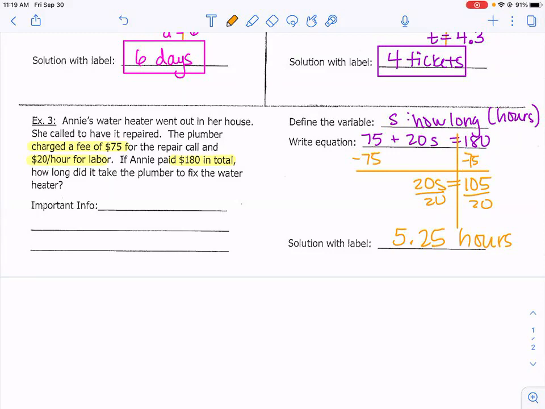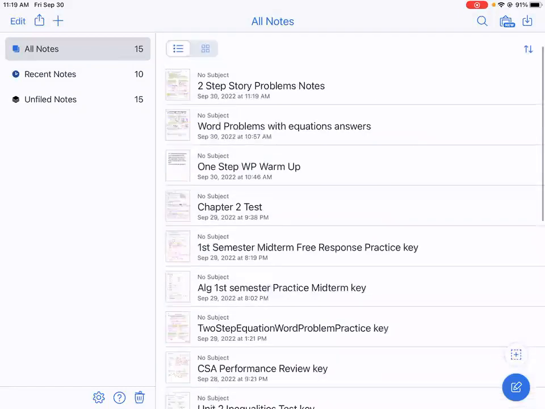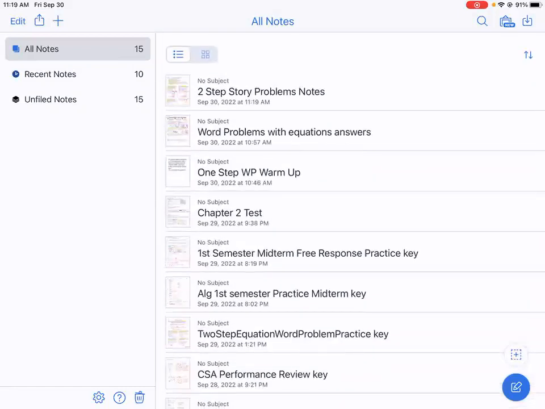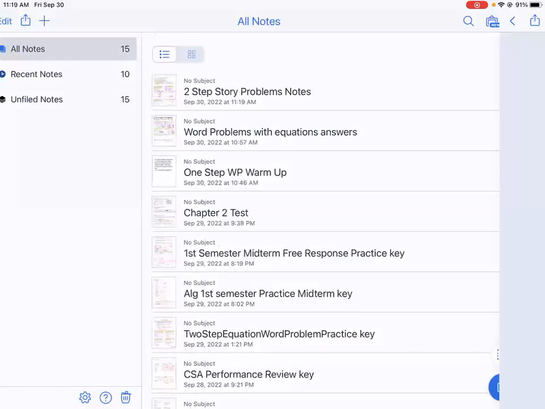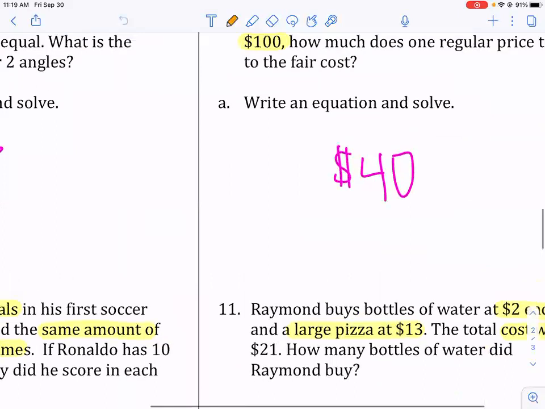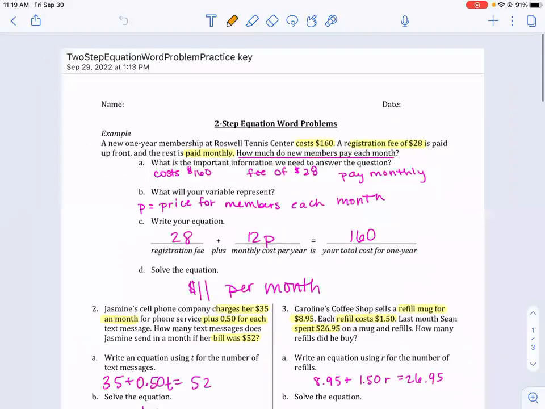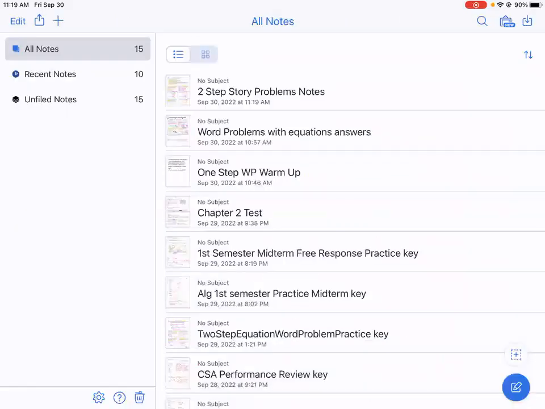All right, this is what I want you to do. I'm going to let you start on your homework. It looks like 11 problems. You need to do all the problems on page 14.